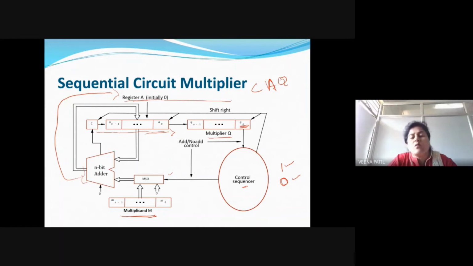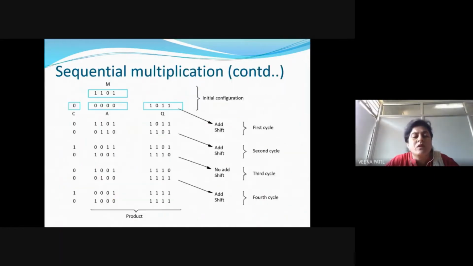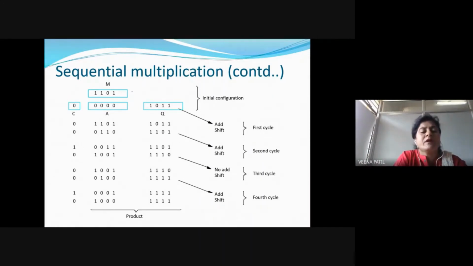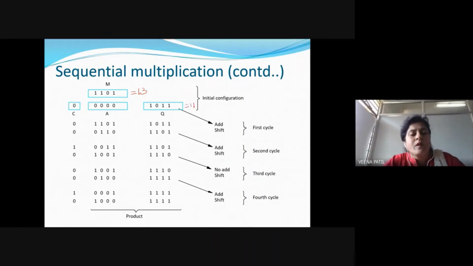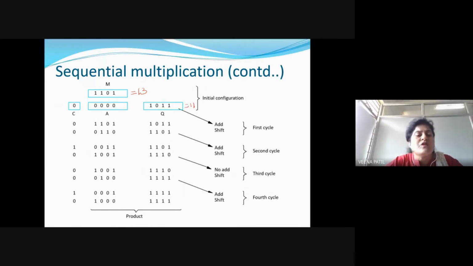Okay. Now let's see how actually it happens. If I tell you like this, you will not understand. We'll take one example here. The same previous example, that is, we have 13 as the multiplicand and 11 as the multiplier. Okay. So to understand how this circuit works, first write down the values of C, A, Q. C, the carry, is initially 0, so I will write it as 0.